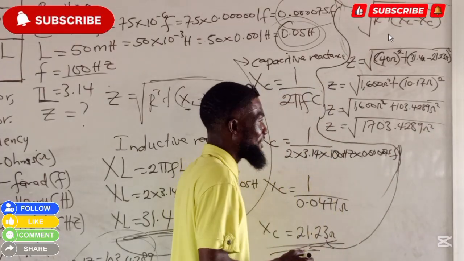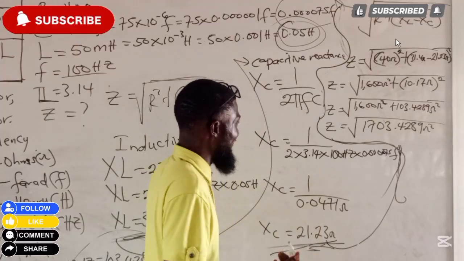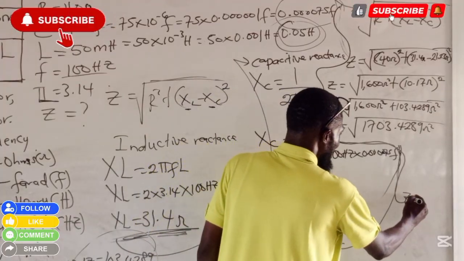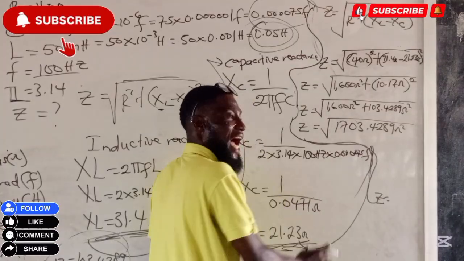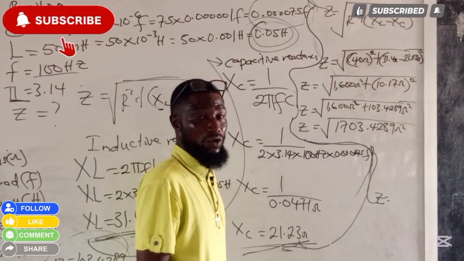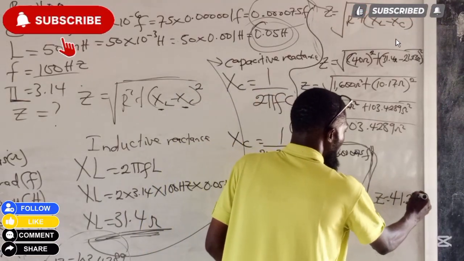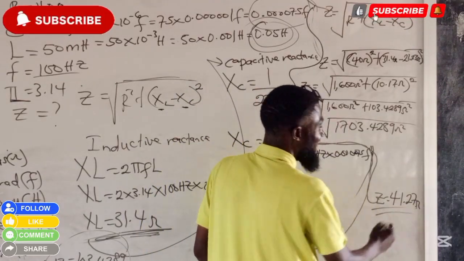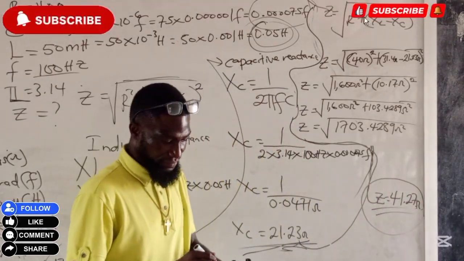On this note, to get our answer, we say the impedance Z will be equal to the square root of 1703.4289 ohms squared. Automatically we have 41.27 ohms. Ladies and gentlemen, this is our answer for today.